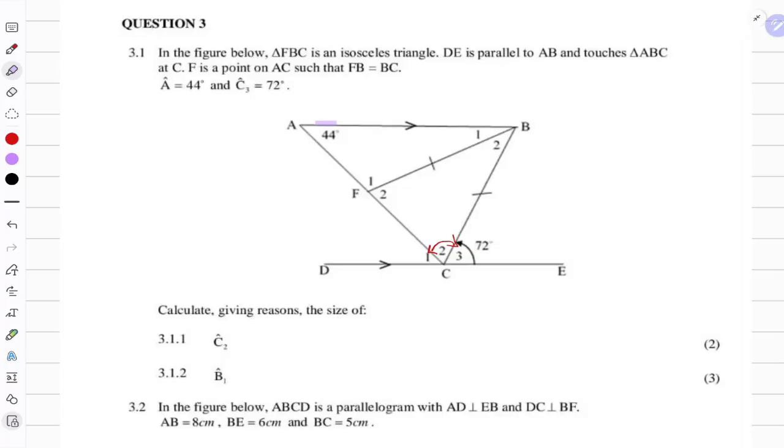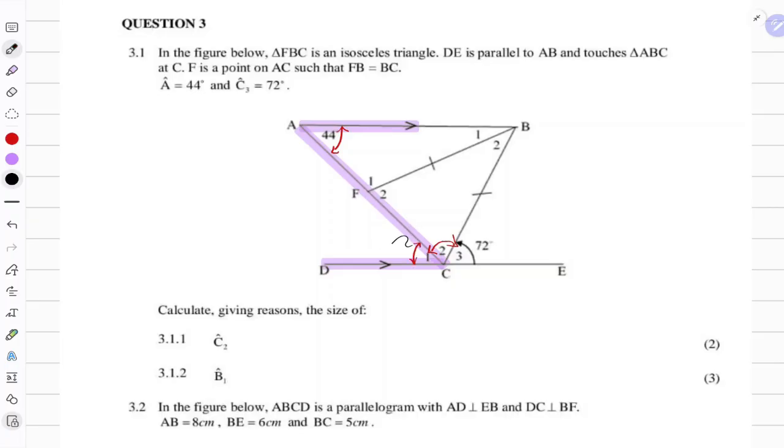You'll notice that we have a pair of parallel lines. DC and AB are parallel, so we can form alternate angles. Here's your Z shape. What this simply means is that angle A and angle C1 are equal.